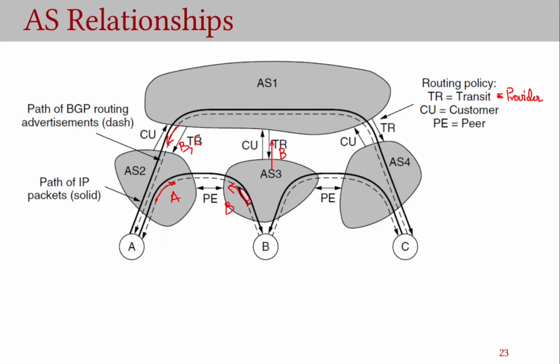And because it does not have to pay for this peer connection, it's going to prefer this route, right? So it's going to just send it directly to AS3. However, if AS2 has to send traffic to C, then it has to go through AS1 and then eventually to C.